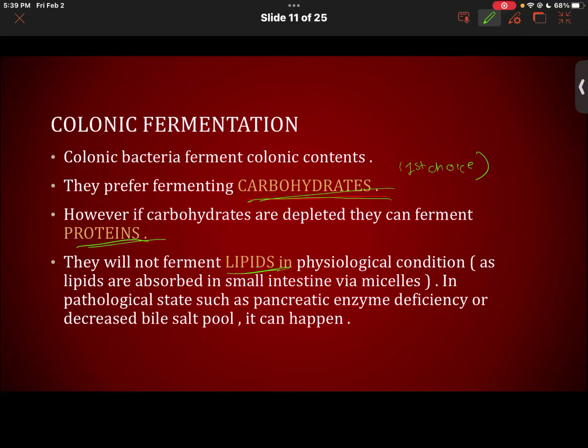But in pathological states, such as in pancreatic enzyme deficiency, when you have deficiency of lipase, or decreased bile salt pool, which helps in the formation of micelles, in these cases, lipid absorption is going to be affected, and this is a pathological state. And in these states, lipids will be present in the colon, and then the bacteria can ferment lipids. But usually this does not happen. Carbohydrates are their first choice, and proteins are their second choice. Usually lipids are not a choice at all.